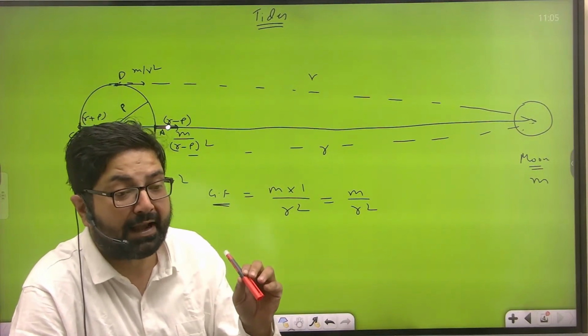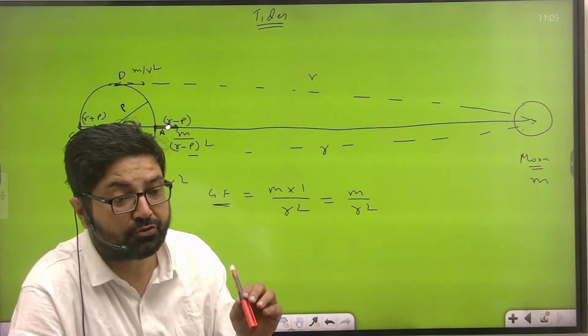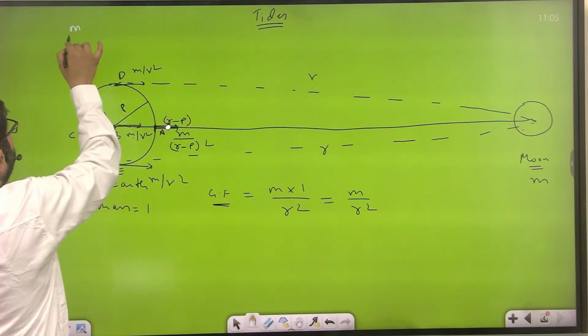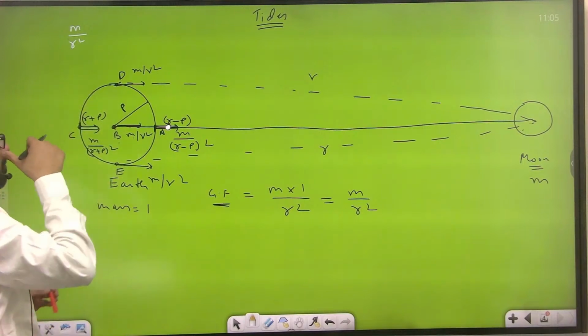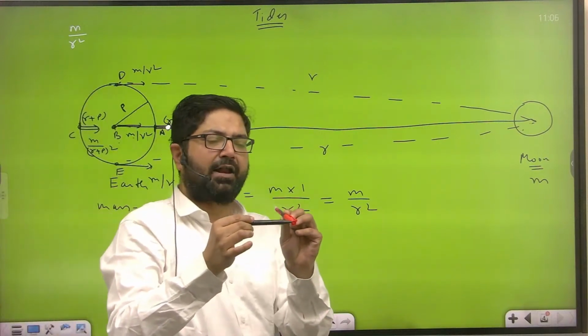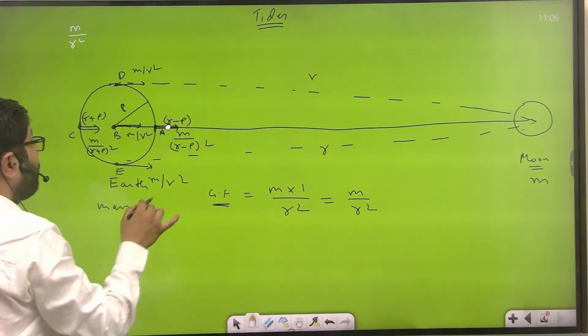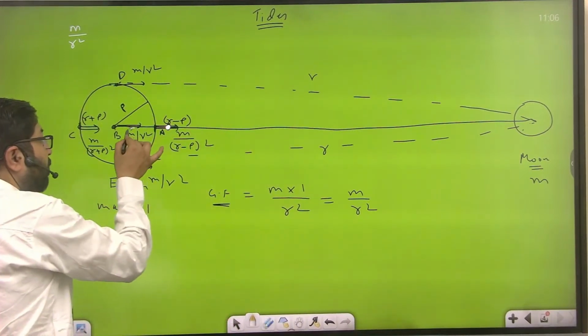And Newton calculated this centrifugal force, and he said its magnitude is m upon r square, and it remains constant. It acts on every place on Earth. It is exactly equal to Moon's gravitational force on Earth's center.